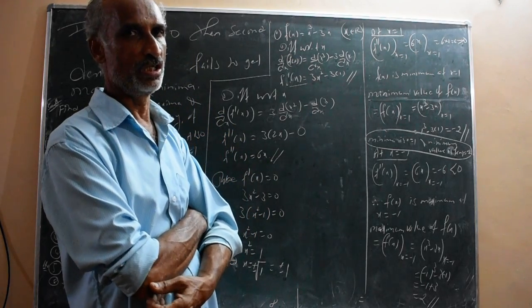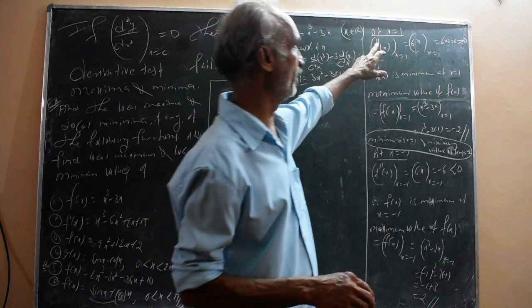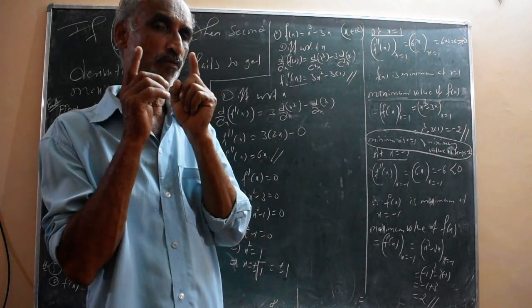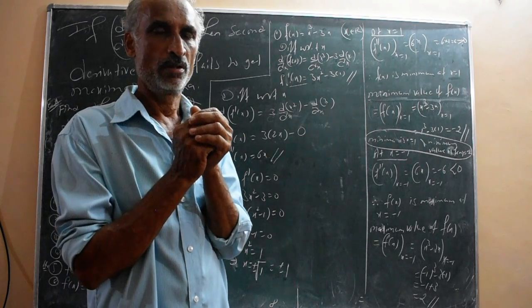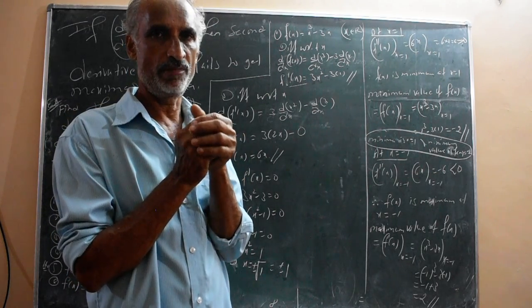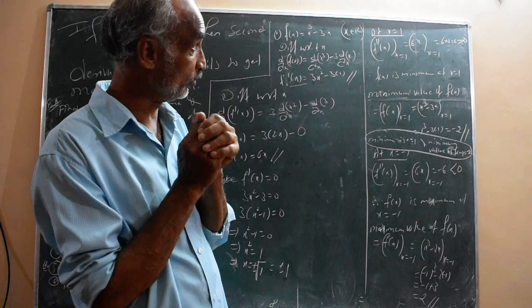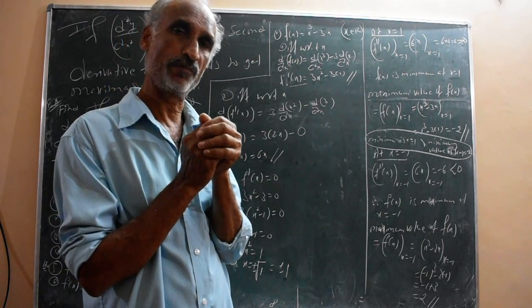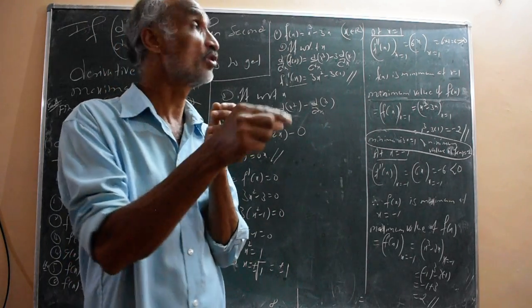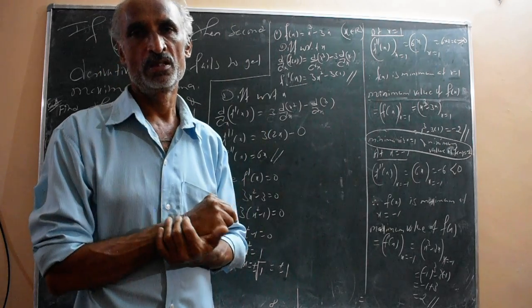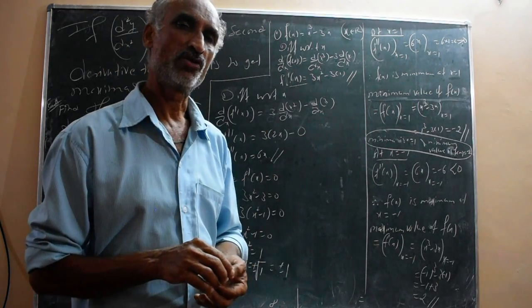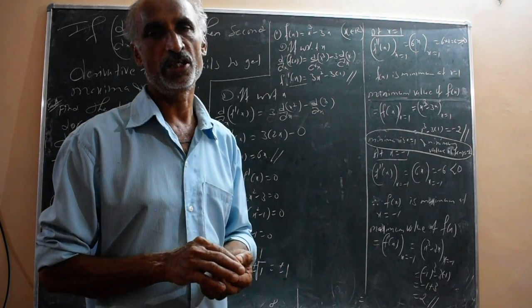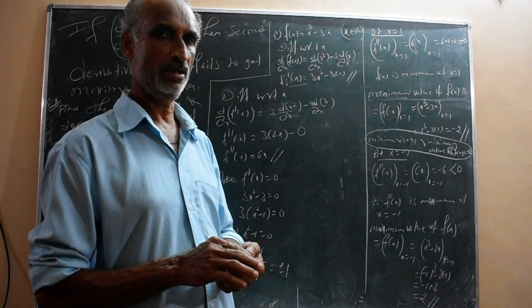take those c values. x equals c is to be substituted in f double dash of x. If f double dash of x comes out to be a positive value by putting x equals c in the equation of f double dash of x, then you can say that the function is minimum at x equals c.